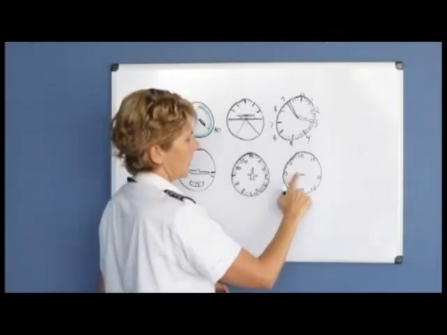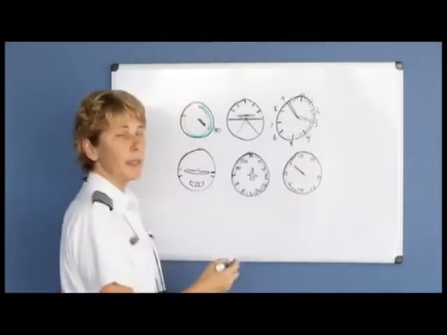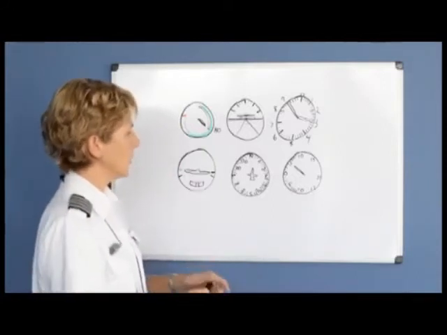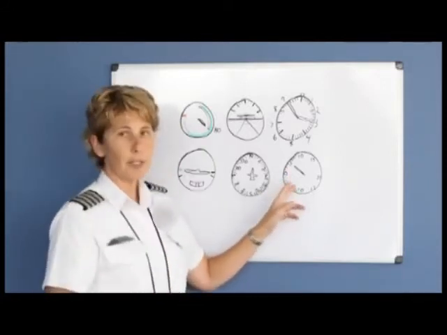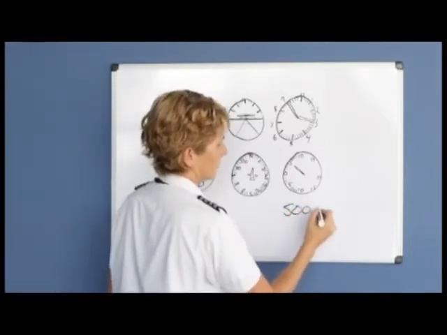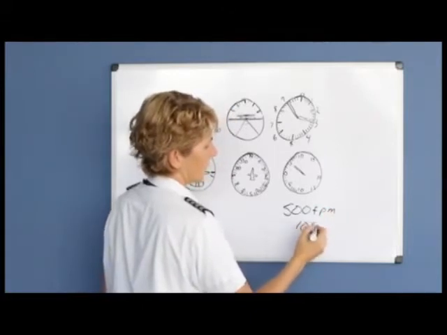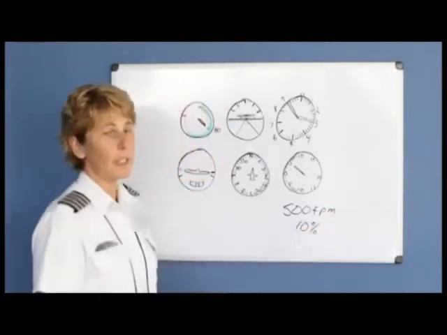Now your vertical speed indicator may indicate that you're climbing at approximately 500 feet per minute. So what you do is you take 10% of your VSI. So if we're climbing at 500 feet per minute, we want 10% of that, which will be 50.